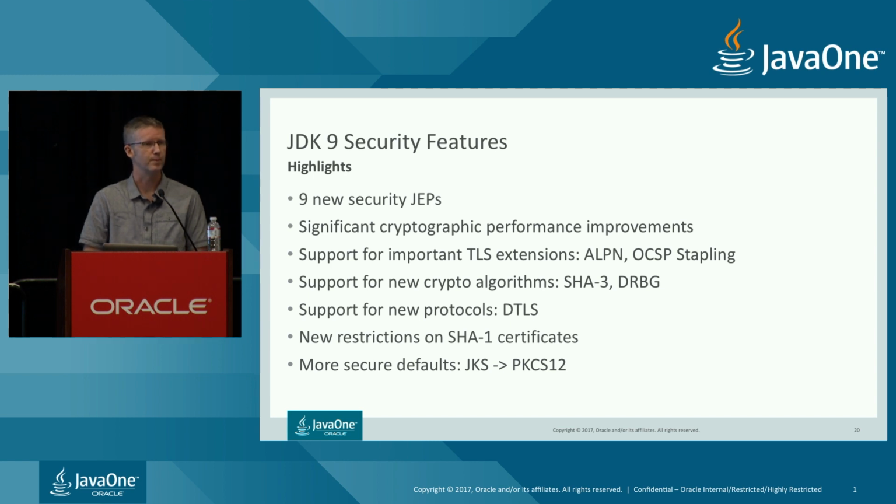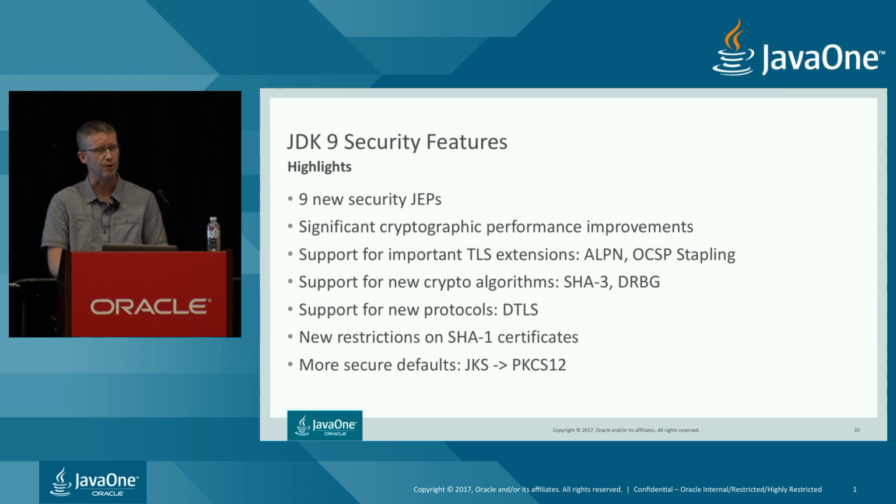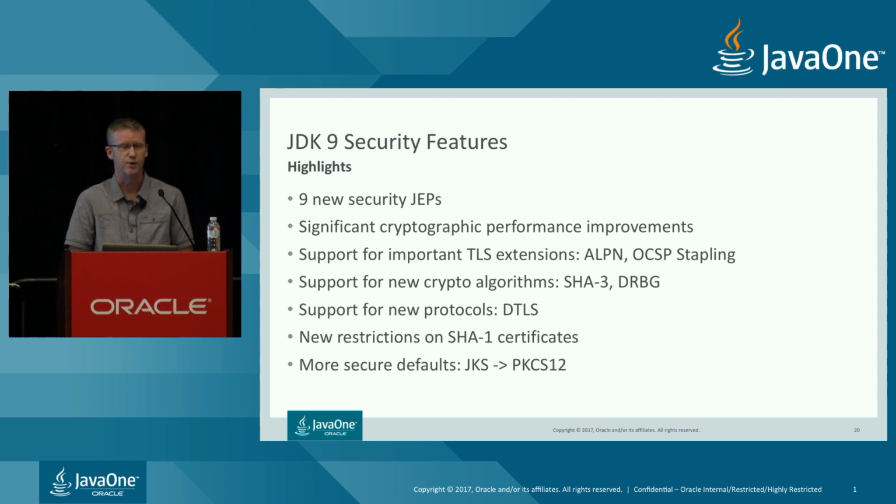We have support for new crypto algorithms, SHA-3 and DRBG, support for new protocols, DTLS, new restrictions on SHA-1 certificates, which I talked about earlier, and more secure defaults. The default keystore type has been changed from JKS to PKCS12.